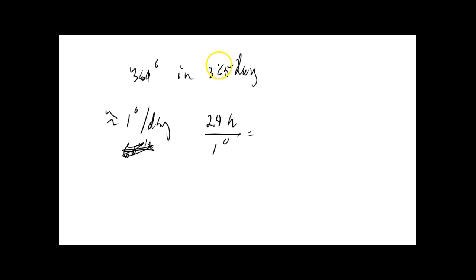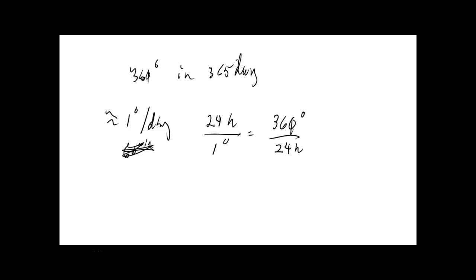Oh, that's not right either. Okay. Basically, 360 degrees in 24 hours. One time around, one spin is 360 degrees, and it takes 24 hours to do so.